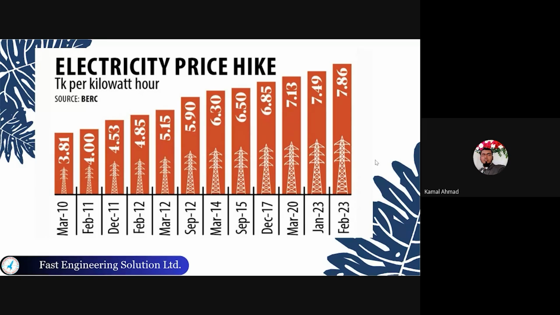So you see almost 3 times the value increased from 3.81 to 7.8. If the industry can produce their own captive power, they can produce at a lower price, if they can use the gas or the HFO or the diesel in a proper and efficient manner.